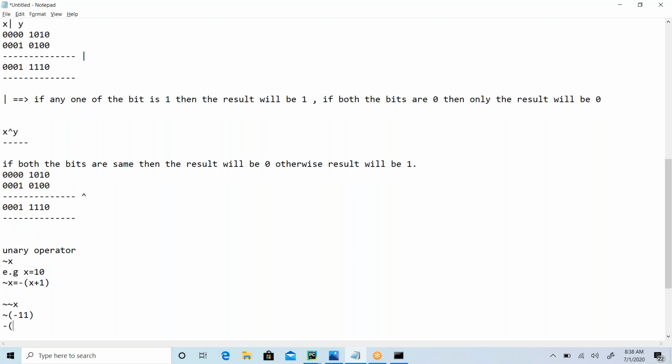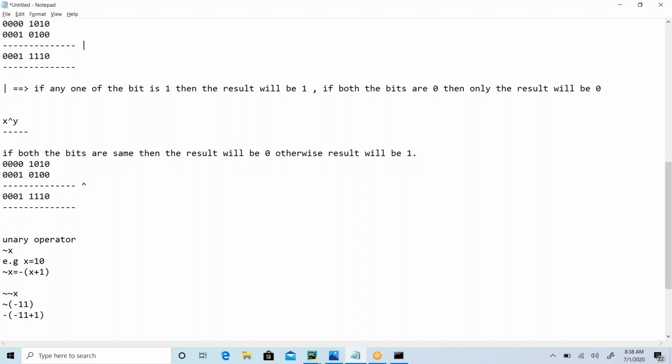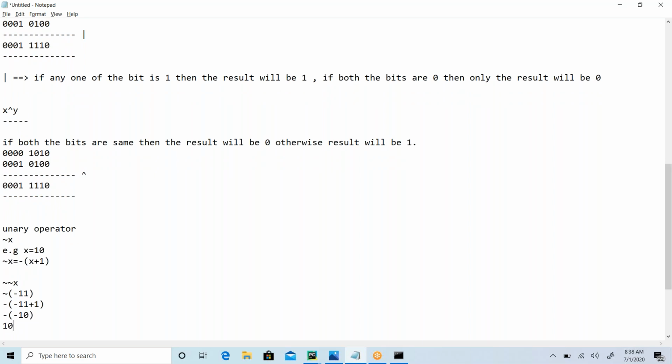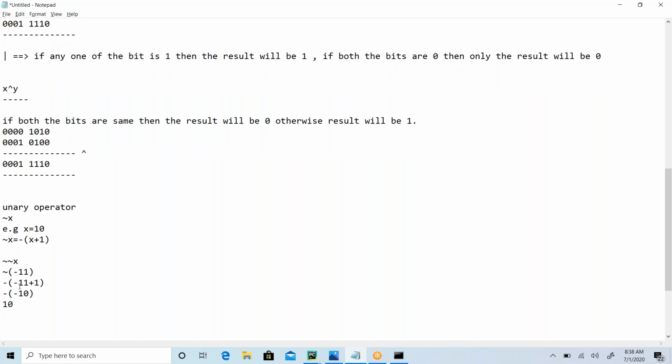Again, minus of x plus 1. The x value is minus 11, plus 1. So what is the value? Minus of minus 11 plus 1 is minus 10, and minus of minus 10 is 10. So that says that if we have two tilde operators, one is going to strike off with the other.